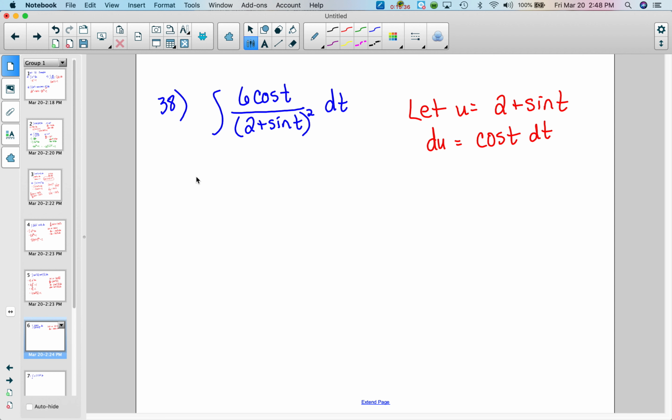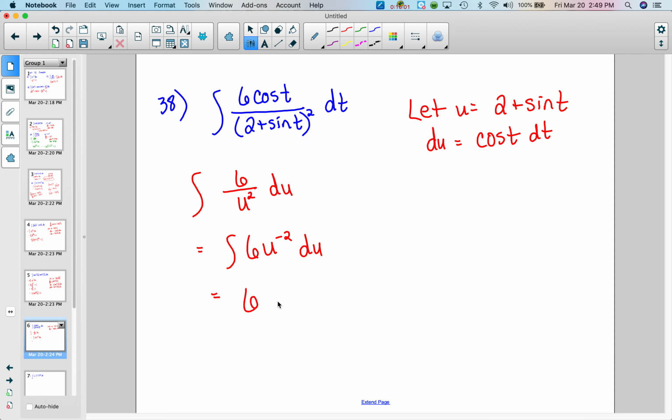So then when I replace this, I'm going to have 6 over u squared, and we'll have du. All right, so that means I have the integral of 6u to the minus 2 du.